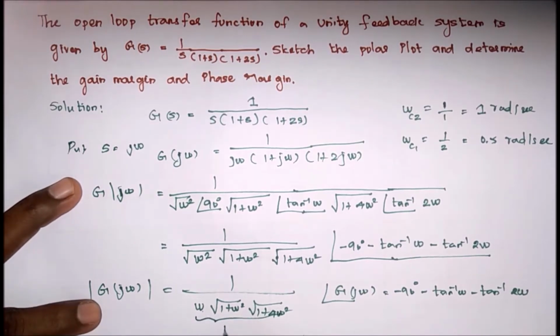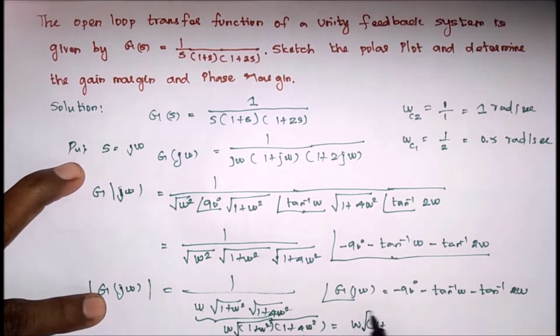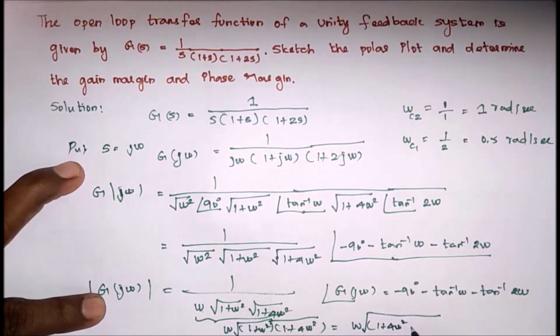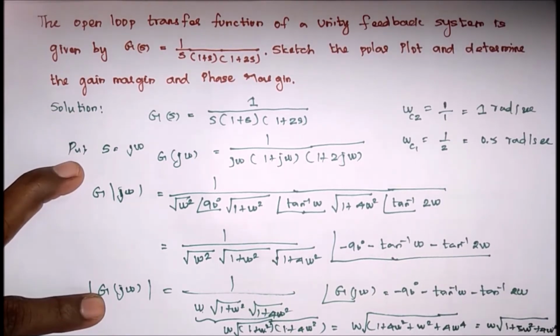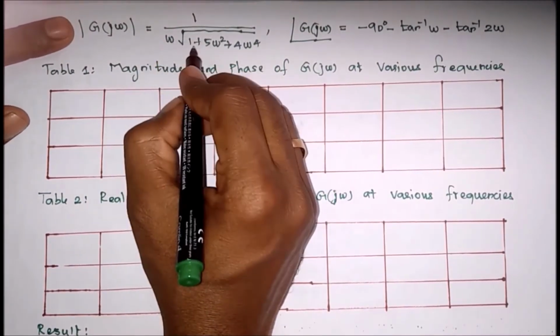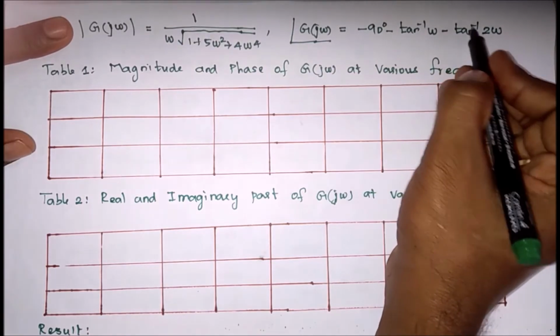If we multiply (1+ω²) into (1+4ω²), we get 1 plus 4ω² plus ω² plus 4ω⁴, so finally we get 1 plus 5ω² plus 4ω⁴, all within the square root. So the magnitude equals 1 over ω into the square root of 1+5ω²+4ω⁴, and the angle equals minus 90 degrees minus tan inverse of ω minus tan inverse of 2ω.